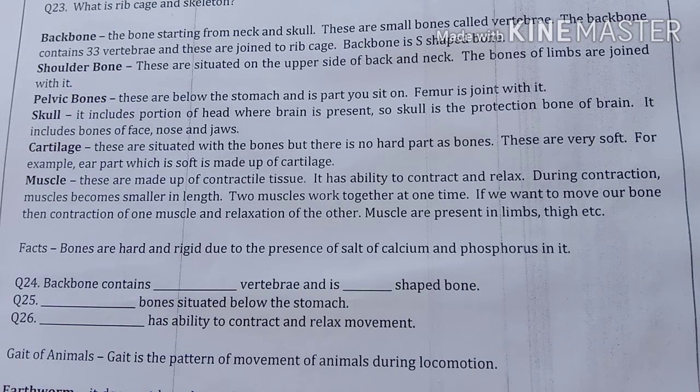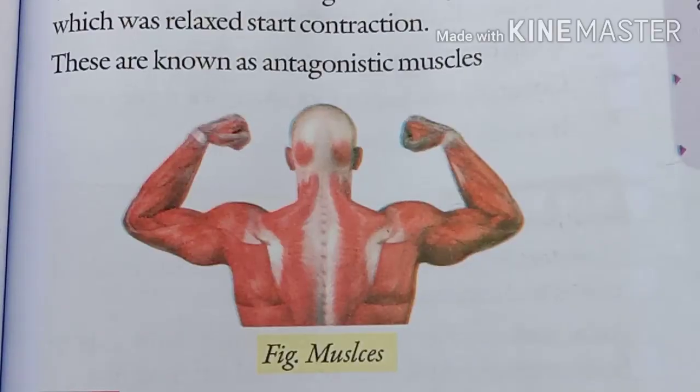Two muscles work together at one time. If we want to move our bone, then there is contraction of one muscle and relaxation of the other. It means while there is a movement in bone, contraction and relaxation of muscle also takes place. Muscles are present in limbs, thighs, etc. Have a view of the muscles situated in the body.